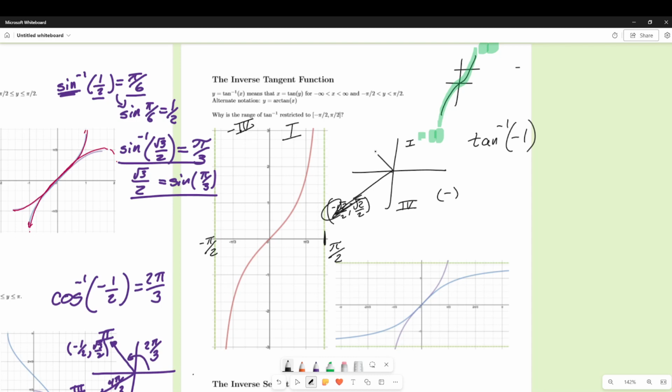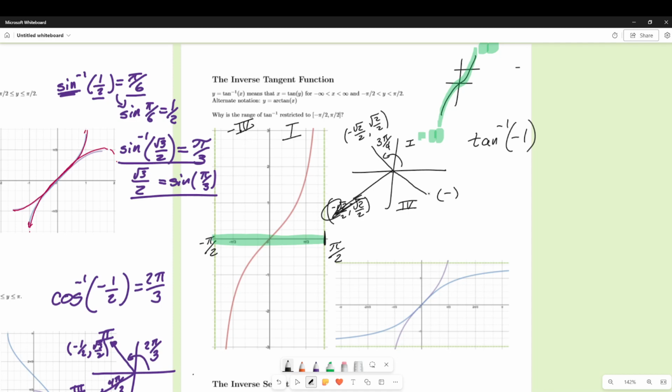So while it would be true up here, negative root 2 over 2, positive root 2 over 2, at 3 pi over 4, the tangent of 3 pi over 4 is indeed negative 1, but the tan inverse doesn't know about that angle. The tan inverse only knows about angles in this range between negative pi over 2 and pi over 2, in quadrant 1 and in the negative version of quadrant 4.